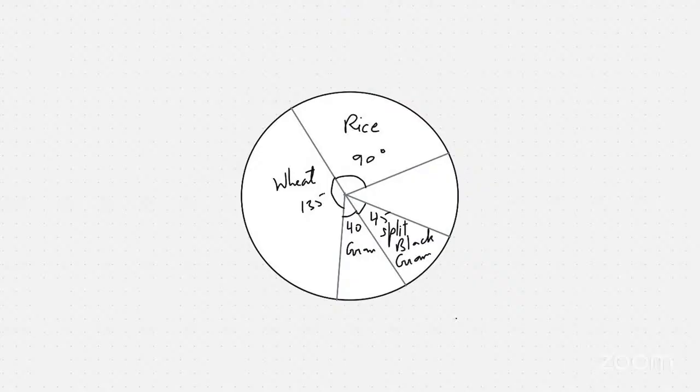Split black gram, and 50 is mustard. This is 50 mustard. Okay.